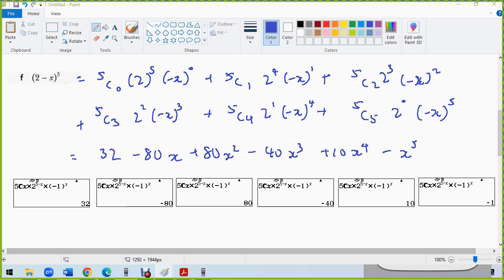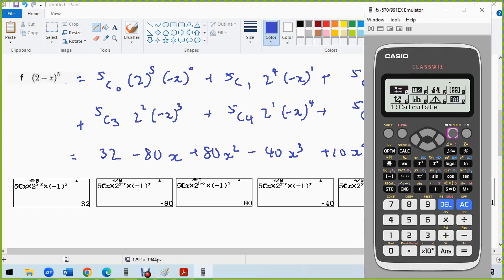So actually we have a faster way. So the faster way is actually, since I can write this equation, I can form a table: 5Cx multiplied with 2 to the power of 5 minus x, and then multiplied with the negative 1 to the power of x.